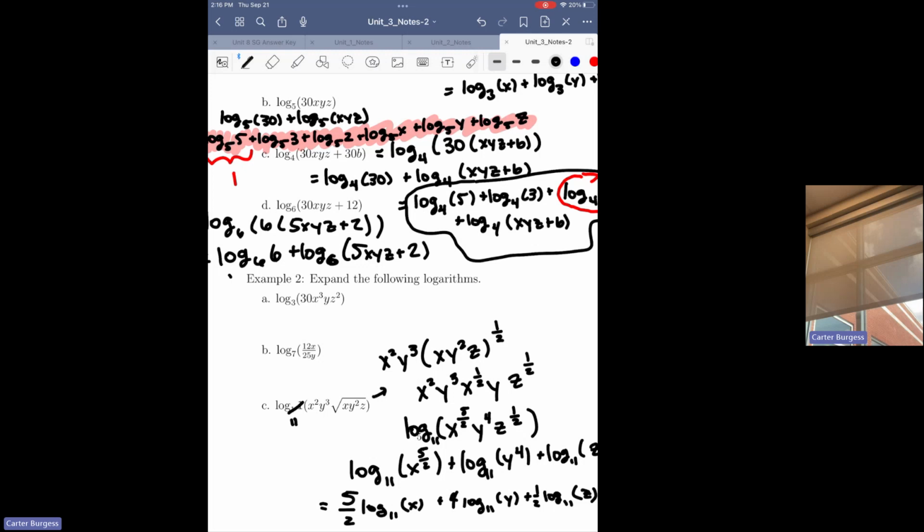Thing that I want to note is if we did that, and we ended up with log of x squared y cubed plus log of, we'll say xy squared z all to the 1/2. And we apply the power rule here. So we take this 1/2 and we drop it down.